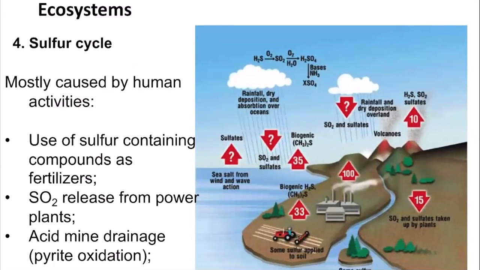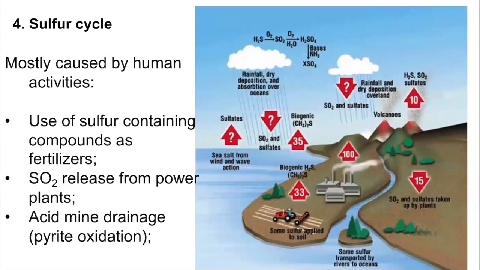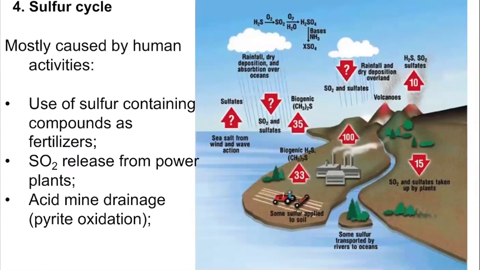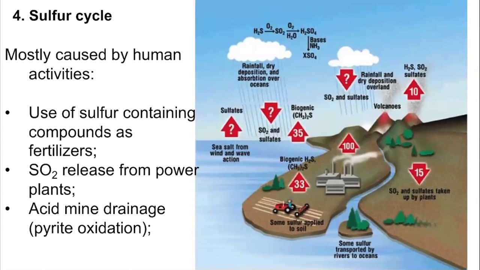So for sulfur, if there's no human activity, then the sulfur cycle is not a very important cycle. But because humans are actually contributing a lot of sulfur onto our Earth, we have to introduce how these are being affected. Okay, so there are some major human activities that can contribute to this sulfur content on our Earth.